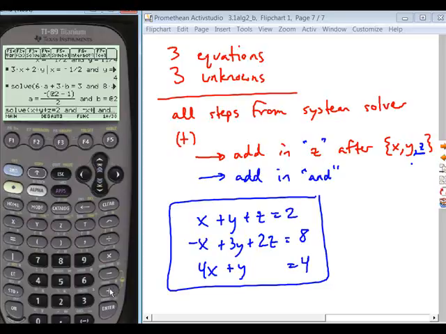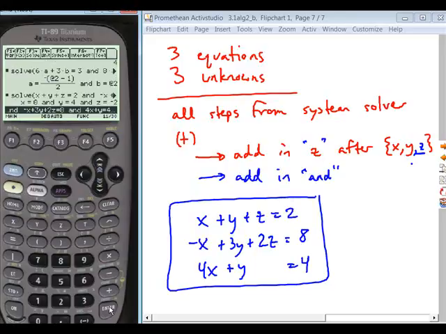Negative x plus 3y plus 2z is equal to 8. Move the cursor over, and then type in my last equation, in this case 4x plus y is equal to 4. Now when I hit enter, it calculates the solution for that entire system and tells me what x, y, and z are.